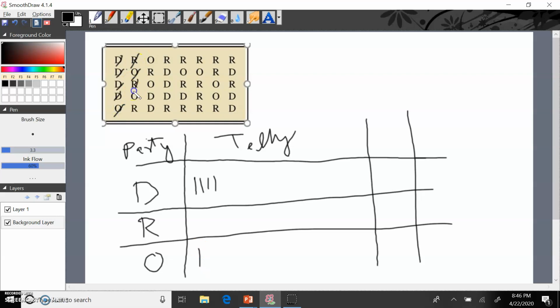R O R, O R, O R O. When the fifth comes, I make it a bar across the four, like this.